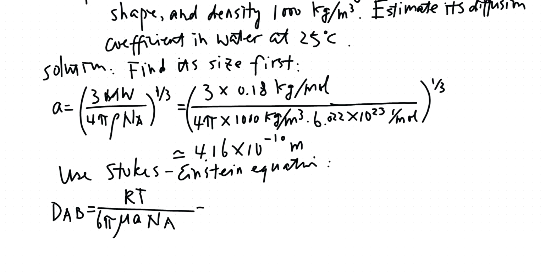R is 8.31 joule per mole per Kelvin. Okay, the temperature. In all the physics problems, the temperature is the absolute temperature in Kelvin. You never use Celsius. You never use Fahrenheit. It's always the absolute temperature. So at 25 degrees C, it is 298 Kelvin.